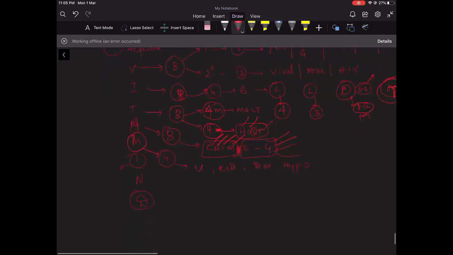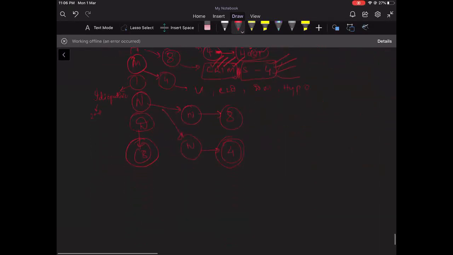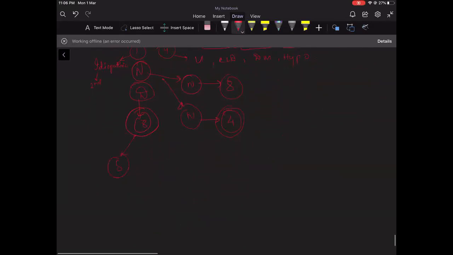Under I, this was the idiopathic type, and it was the second most common cause. And lastly, under N, we had studied both nutritional and neoplastic. Under nutritional, there are totally 8 causes, and under neoplasm, there are 4 mechanisms which can affect the nerves. And under diabetic, there are 8 patterns: 5 are symmetric, and 3 were asymmetric type.